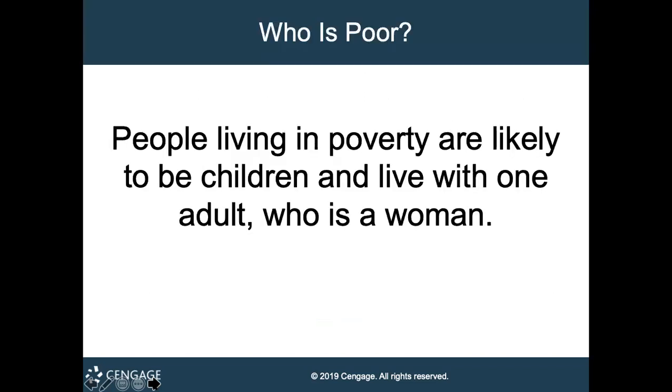So like we're saying, people living in poverty are likely to be children and live with one adult who is a woman. What is that about, right? If you think about that, children obviously don't have their own income stream. And the thing about women is there's a lot of structural misogyny out there in the world.